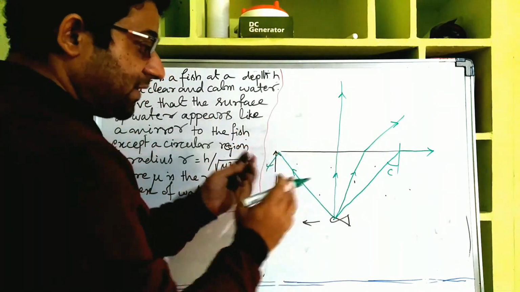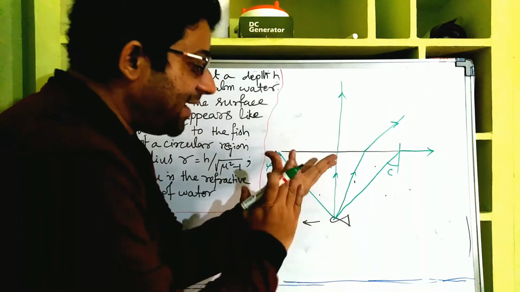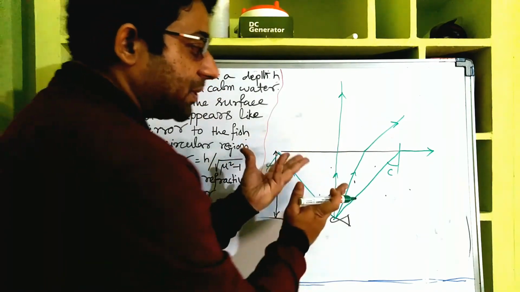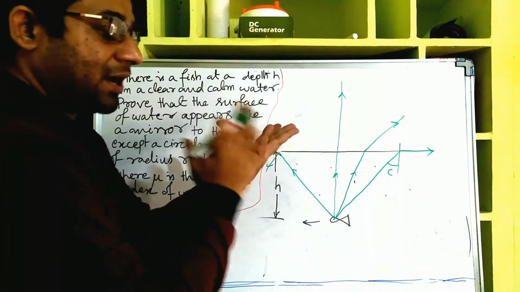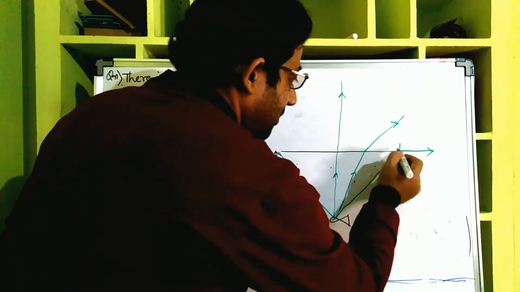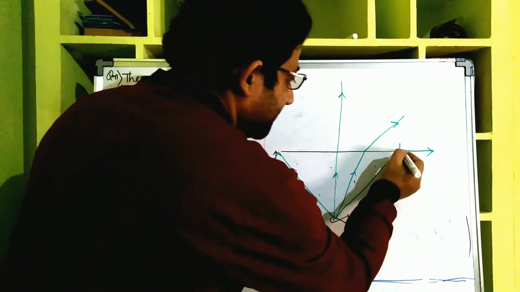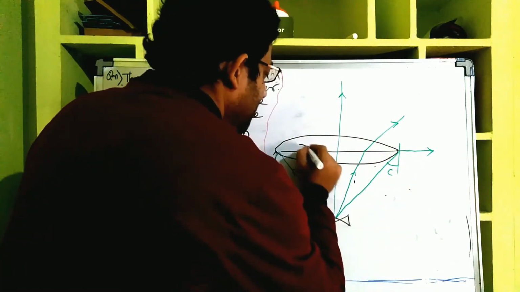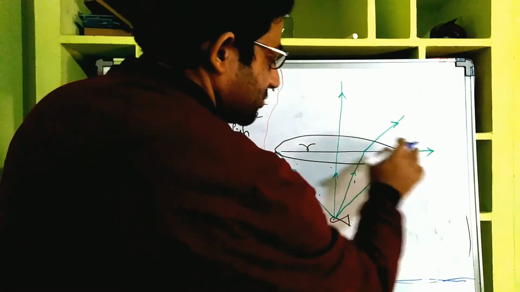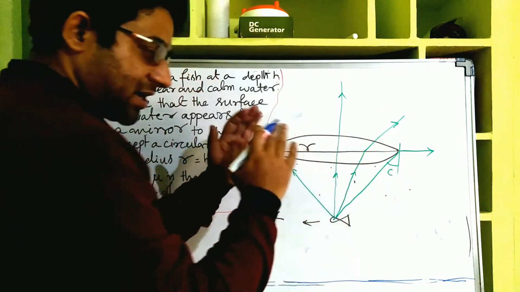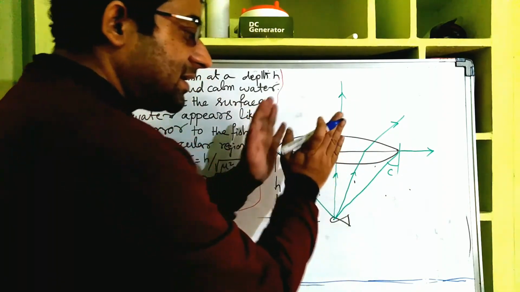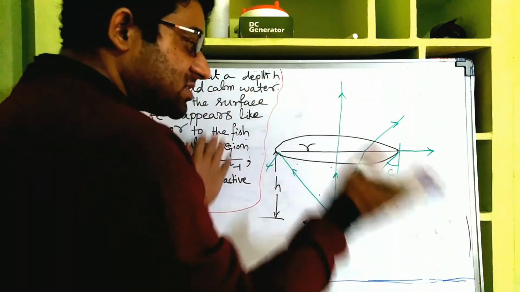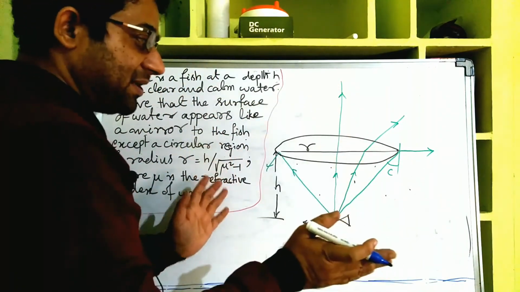Now in 3D, there will be a cone like this, right? In all the directions, after a particular radius, let us call it R, it becomes a mirror. So there will be a circular region. In every side it's R. After that, it appears as a mirror because total internal reflection is taking place after that.